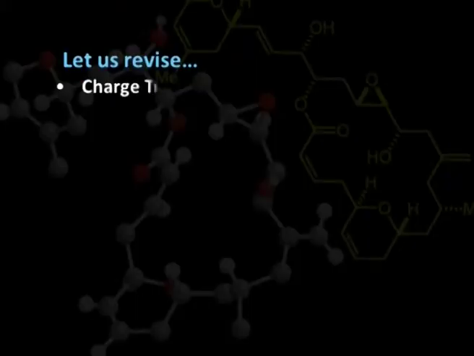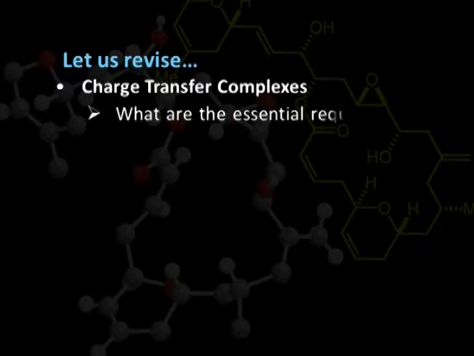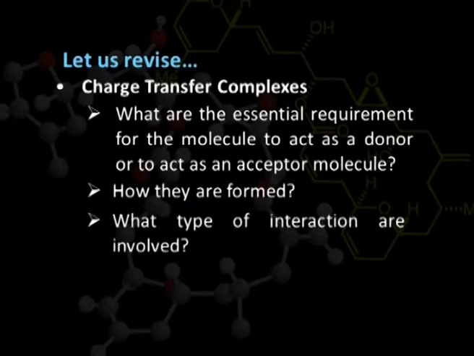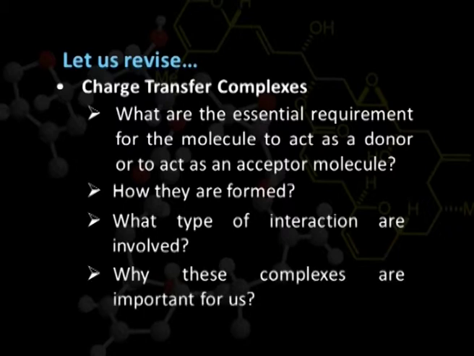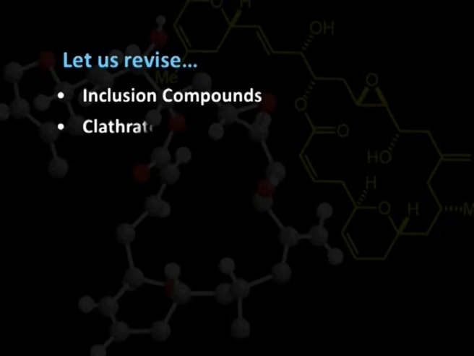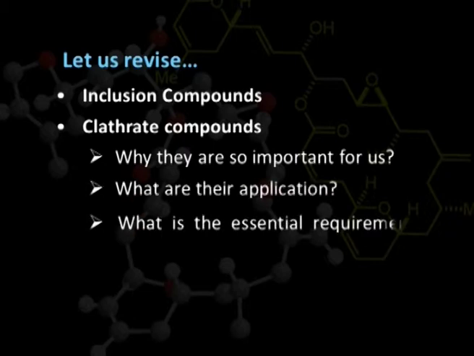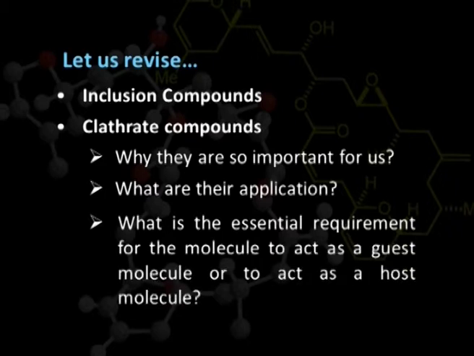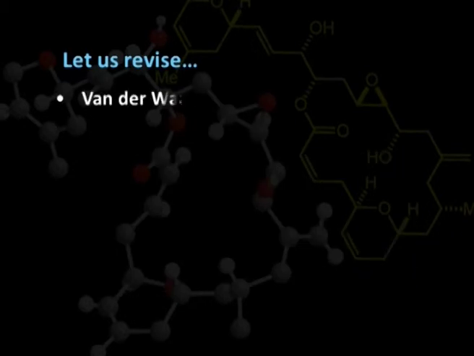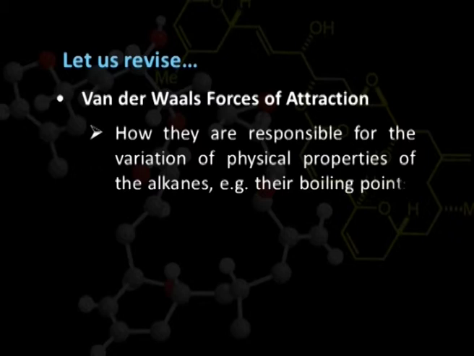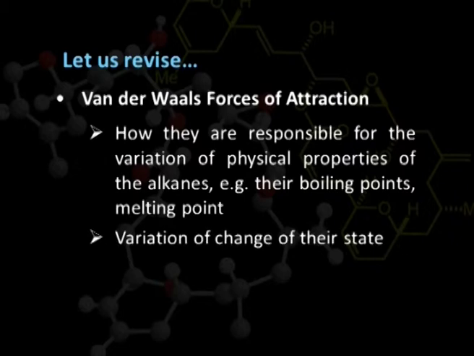We have learnt about the formation of charge transfer complexes, what the essential requirements are for a molecule to act as a donor or an acceptor molecule, how they are formed, what type of interactions are involved, why these complexes are important for us, inclusion compounds, clathrate compounds, why they are so important for us, what their applications are, what the essential requirement is for a molecule to act as a guest molecule or a host molecule, and van der Waals forces of attraction, how they are responsible for the variation of physical properties of the alkanes, especially their boiling points, melting points, variation of their state, and their applications.